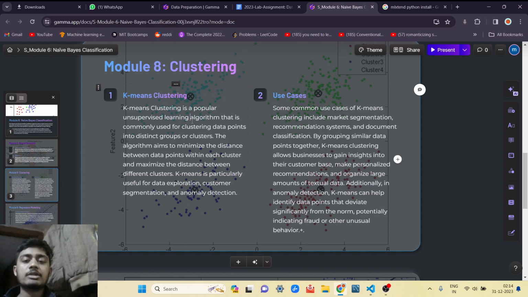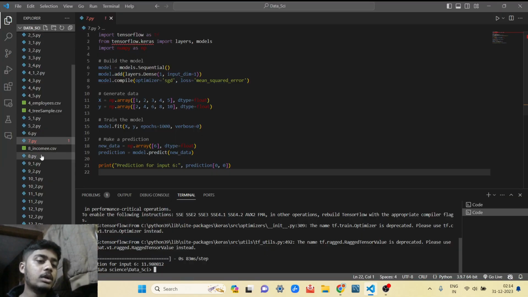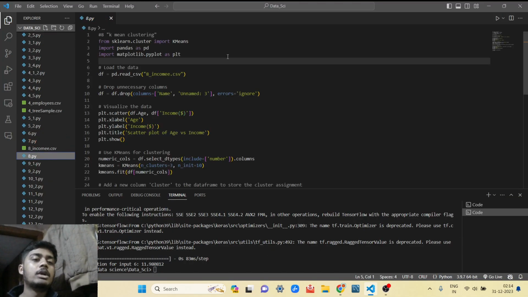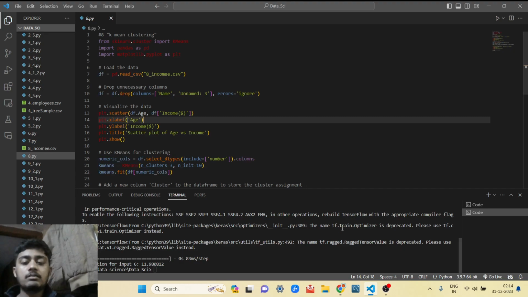There are some use cases too, for example market segmentation, recommendation systems, and document classification. Let's see it with a proper example in Python. Here, first clear the screen.